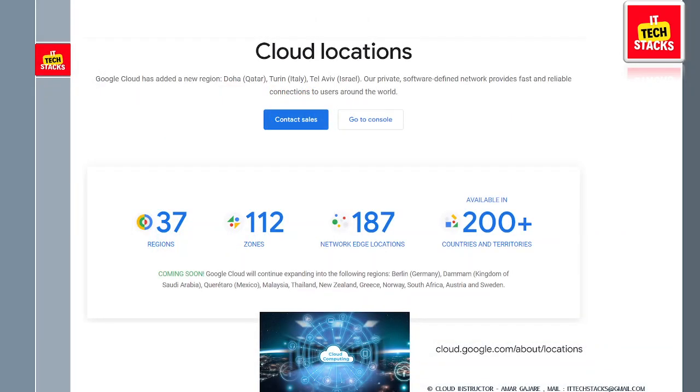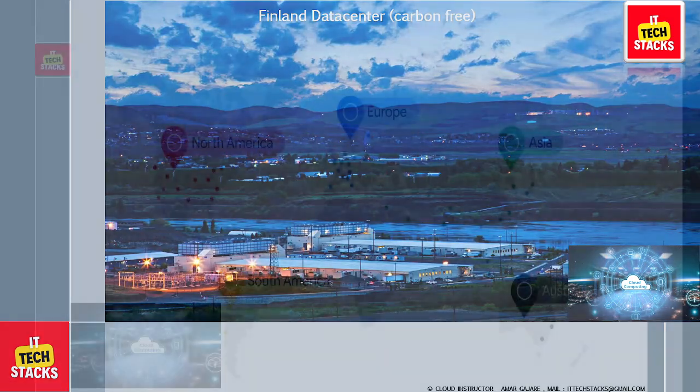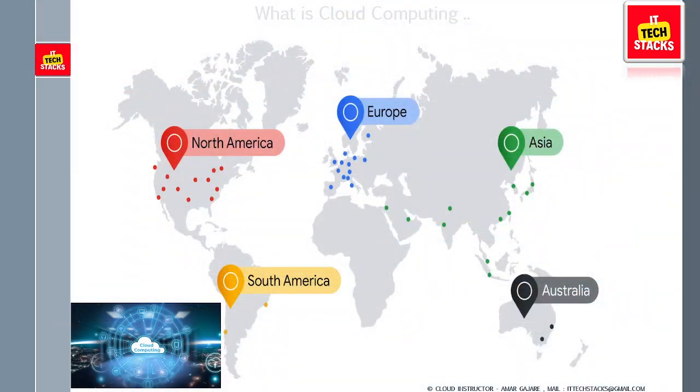What are the different cloud locations we have? In the previous slides, you must have seen the diagram showing that Google has different locations where they set up their data centers, hardware, and configuration. From these pools, they provide all the required hardware and software resources.